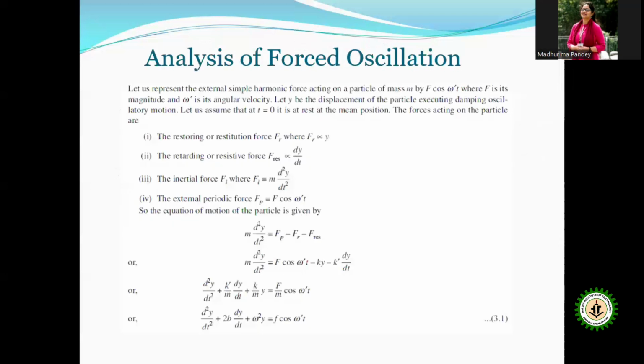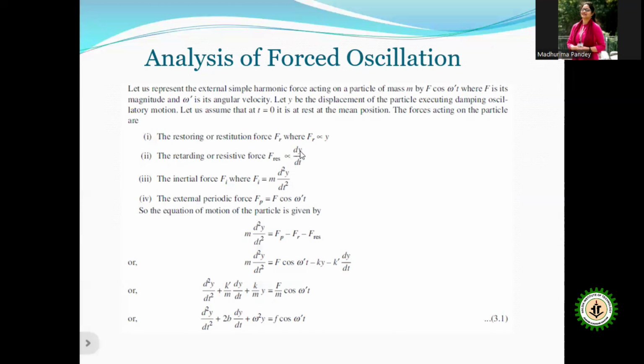Now, when we talk about any motion, any oscillation, the first and foremost thing that comes to the picture is its equation of motion. So let us first consider here. This one is the restoring force. You already know that the restoring force is proportional to the displacement. The second one is the retarding force or resistive force, which can also be named the damping force.